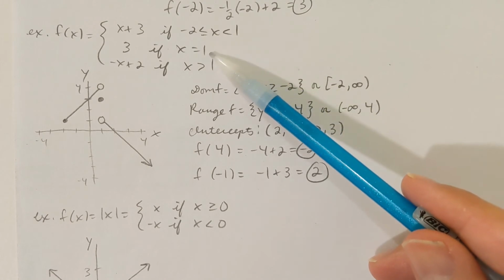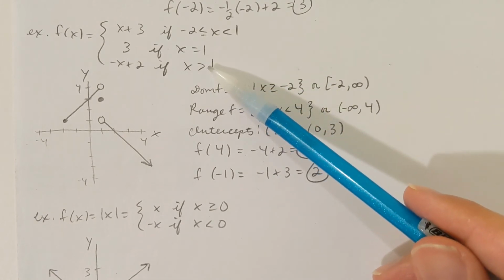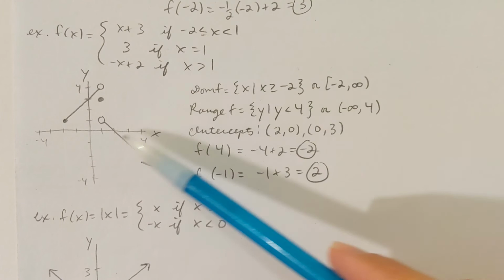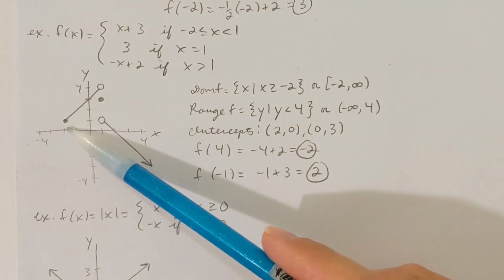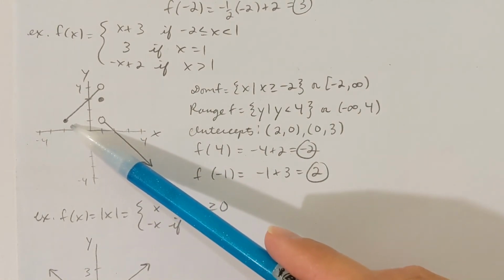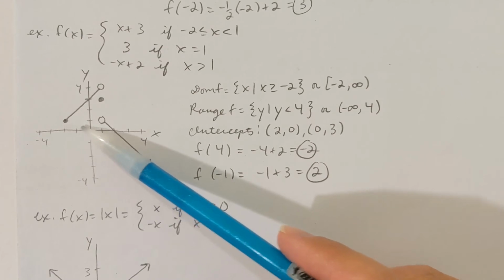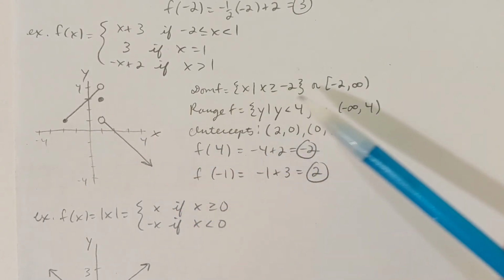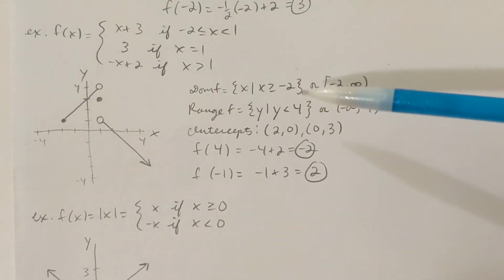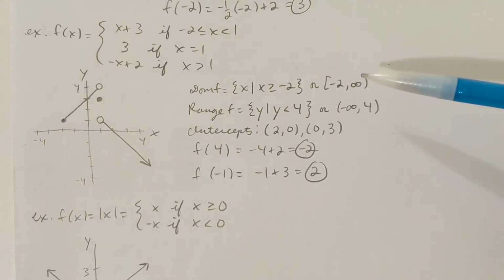I'm including 1 in piece 2, and anything bigger than 1 in piece 3. So really that's anything greater than or equal to negative 2. Okay, you can use set notation or interval notation. I don't care which one.